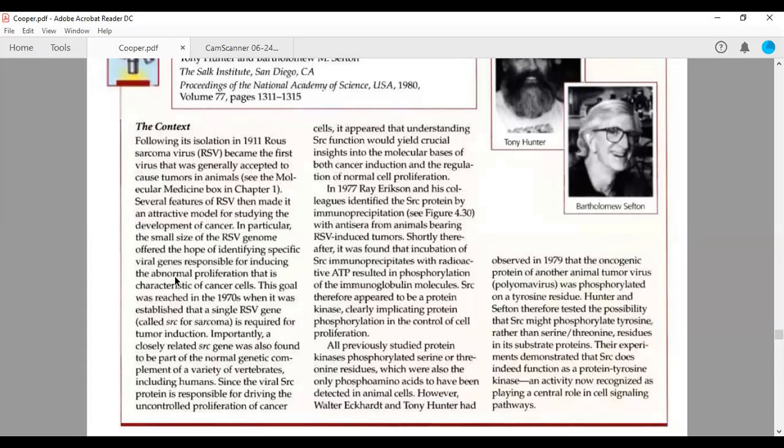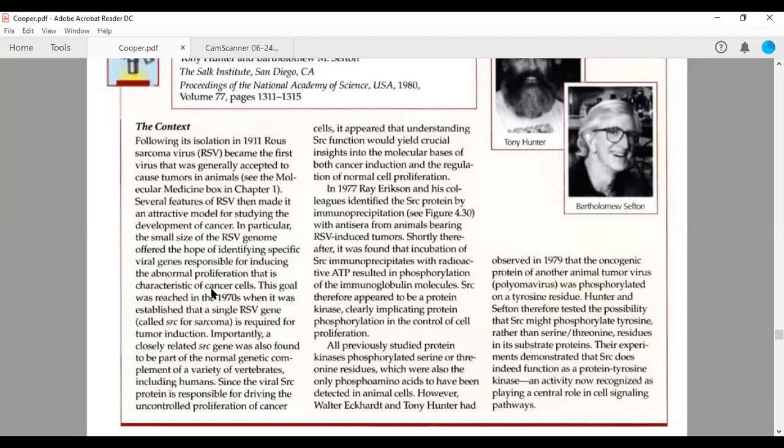They wanted to know how this virus is able to cause abnormal proliferation in cells, creating a tumor or cancer that is characteristic of cancer cells.